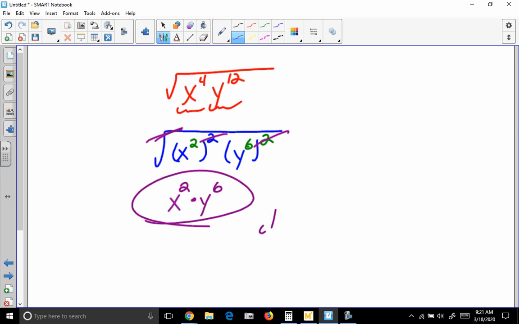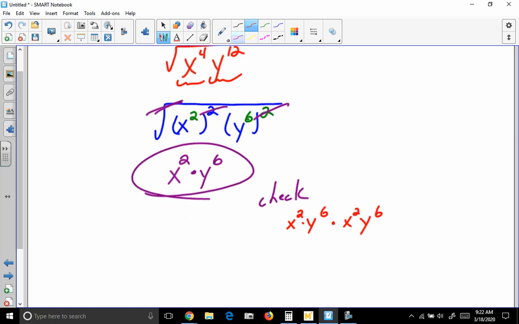And if you want to check, how would you check to see if that's right? Well, when we multiply this times itself, it should give us what we started with. So if we do that times itself, that means we're raising it to the second power. If you'd rather write it that way, you can.